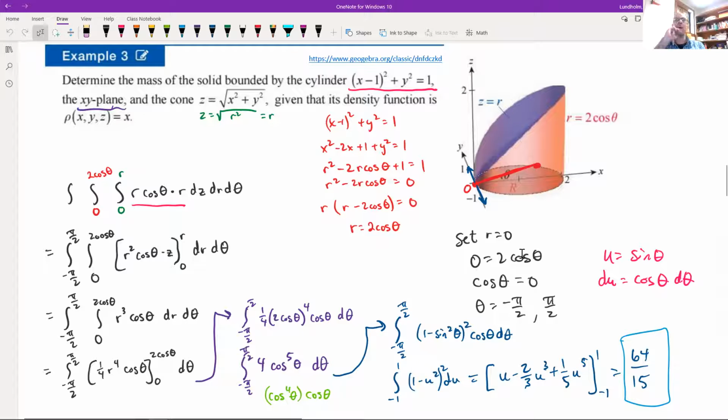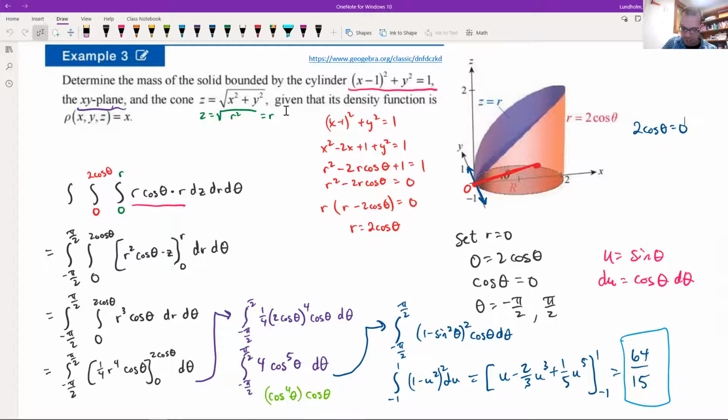In order to do a good job of solving for theta, though, we set these equal to each other, 2 cosine theta equal to 0. I'm going to do this over to the right-hand side. So we're setting those bounds equal to each other to find where they intersect. And then this is just where the cosine is equal to 0.